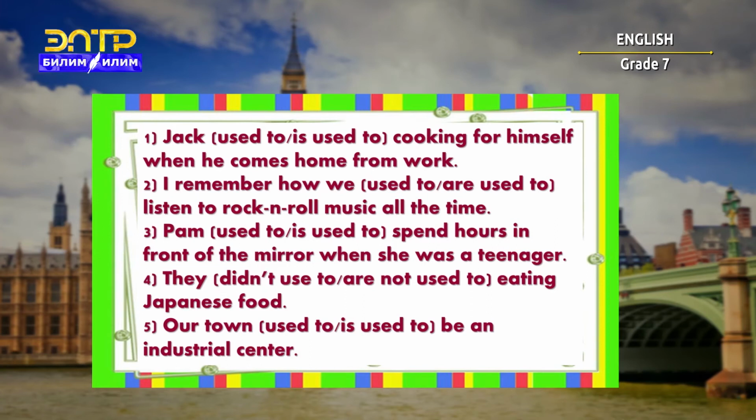Let's check and compare your answers. And the first one will be: Jack is used to cooking for himself when he comes home from work. And the second one: I remember how we used to listen to rock and roll music all the time. And the next one: Pam used to spend hours in front of the mirror when she was a teenager. They are not used to eating Japanese food. And the next one: Our town used to be an industrial center.